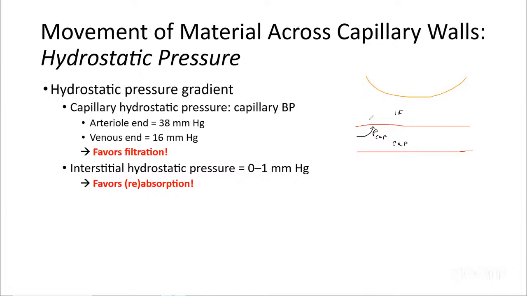So you can see a drop from the arterial end with a pressure of 38 to the venous end with that pressure of 16. But both of them are pointing in the same direction. They're both pointing towards our tissue because we're thinking exclusively about how much pressure do we have pushing out on the capillary walls. That's how we're defining this force.